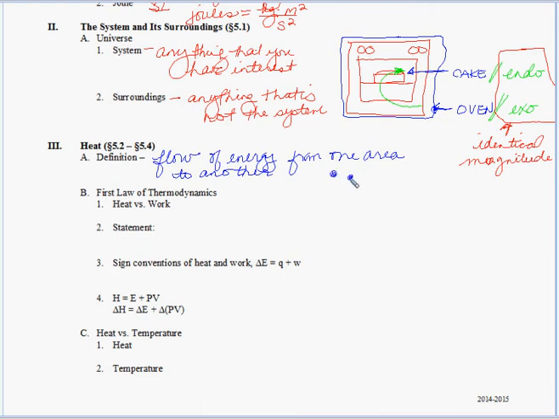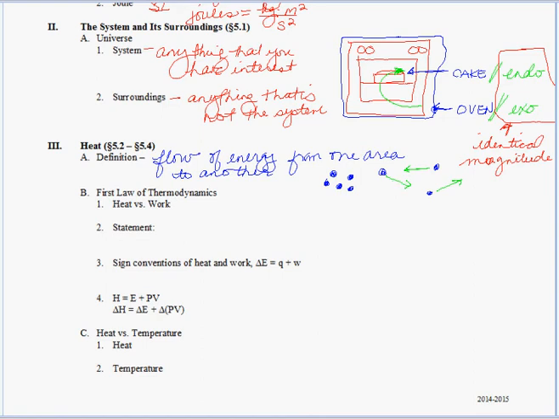So if you had some particles that were moving really slow, kind of clustered together, they didn't have a lot of energy with them, and next to them you had some particles that were moving really fast. Because they were moving really fast, you could tell that they had a lot of kinetic energy, and therefore we would say that they had a lot of heat.